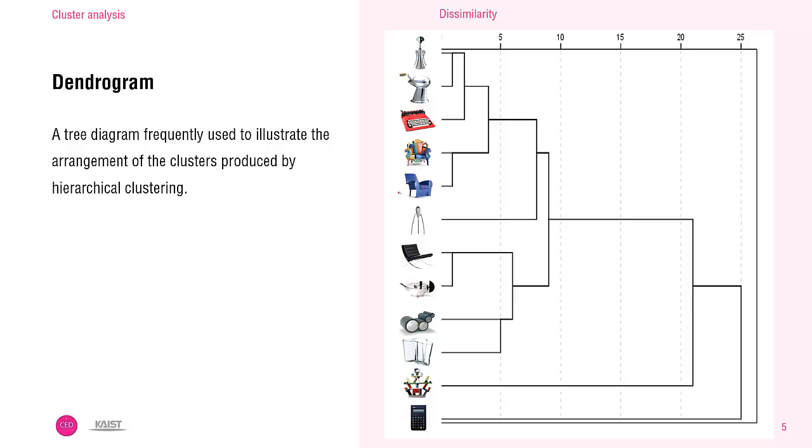As I mentioned earlier, the goal of hierarchical cluster analysis is to build a tree diagram where the items that were viewed as most similar by the participants in the study are placed on branches that are close together.